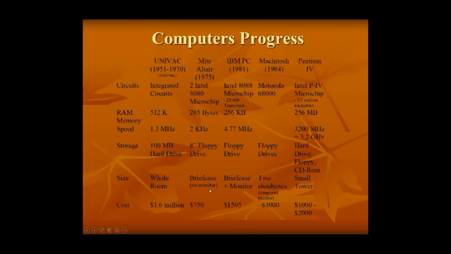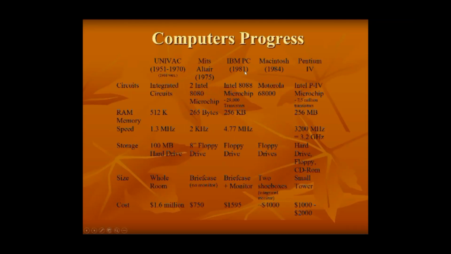So, just to summarize the computer's progress, we started with the UNIVAC, which is 1951 to 1970, built with some integrated circuits and the vacuum tube. Then we have the MITS Altair in 1975 that uses two Intel 8080 microchips, dalawang ginamit niya.